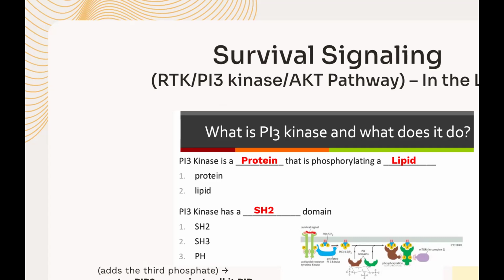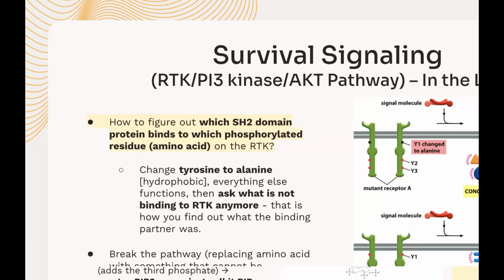Are we feeling okay? A little bit better about this pathway? A little bit? So, the question that somebody asked before about, okay, what if it's not a tyrosine? What if we change to something else? Does it always have to be tyrosine? This is kind of a question related to that. So let's say you have a question like, how are we going to figure out which SH2 domain is binding to which phosphorylated amino acid residue on the RTK?